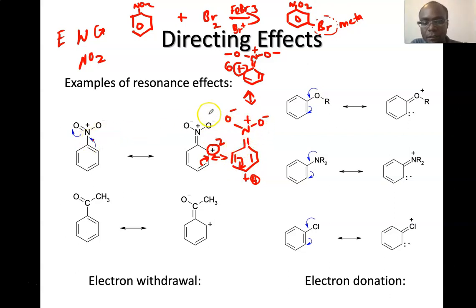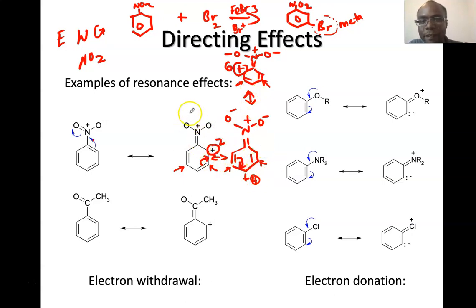And now look at the structure. Which position did we not end up with a plus sign? Obviously position 5 and position 3. You always see position 5 and 3, no plus sign. But you've had a plus sign on position 2, 4, and 6.